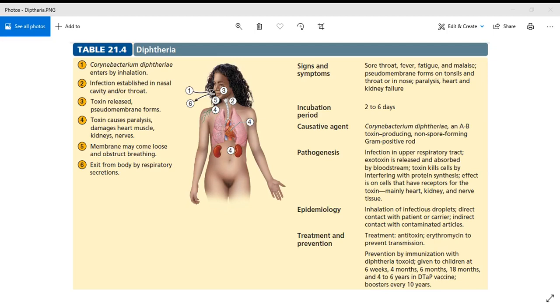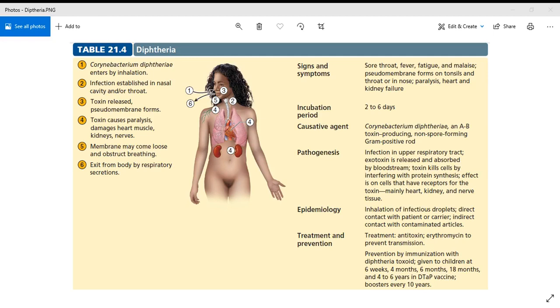The only issue is that immunity decreases with time after childhood, so we usually get what we call a booster injection every 10 years to maintain the protection. So like I said, I'm going to find out whether we have access.